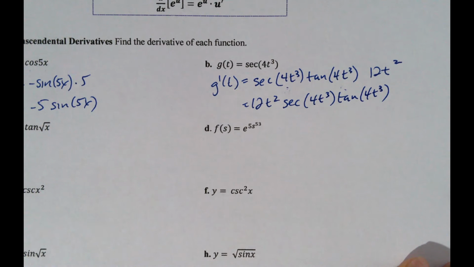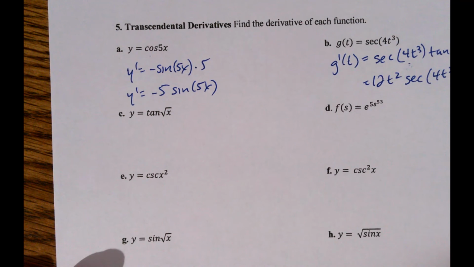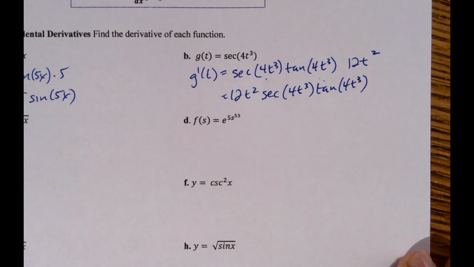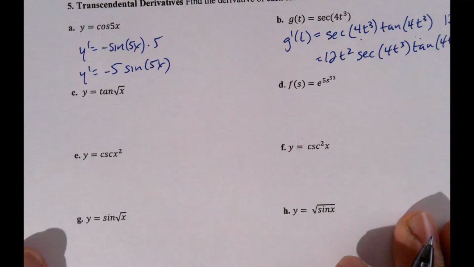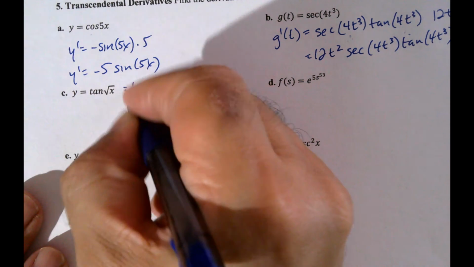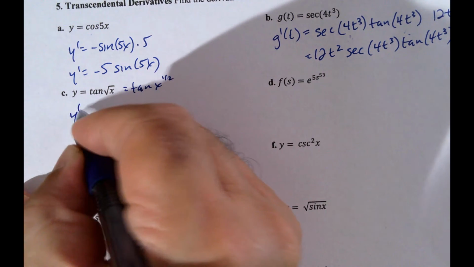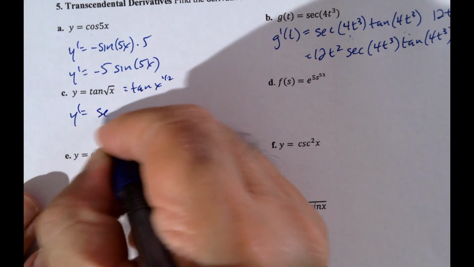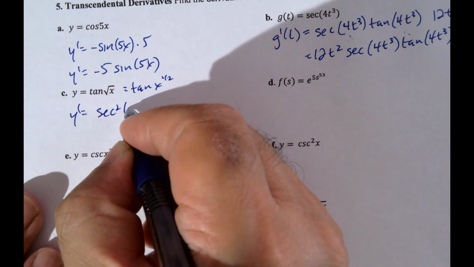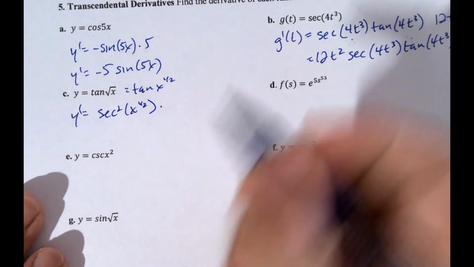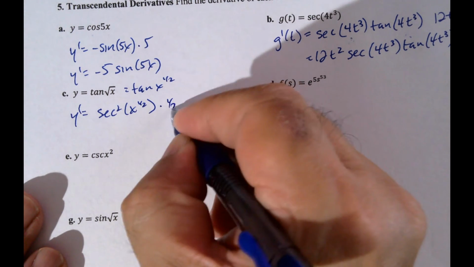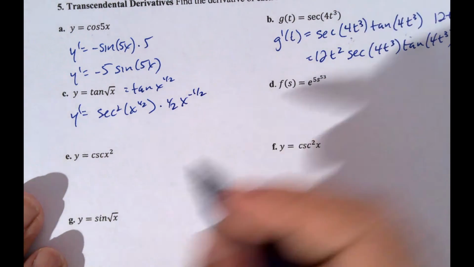All right. What in the world is that? Okay, that's B. And C. So this is the same thing as tangent of x to the 1/2. So y prime will be derivative of tangent, which is secant squared of x to the half, times the derivative of that, which would be 1/2 x to the negative 1/2.